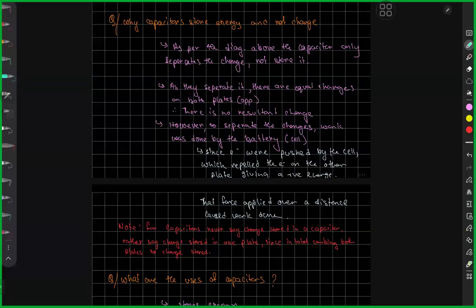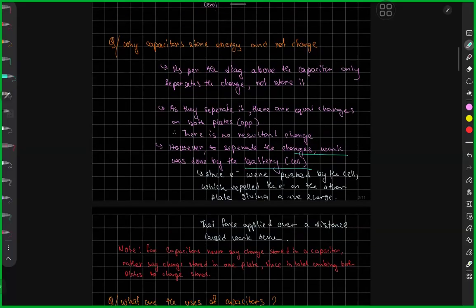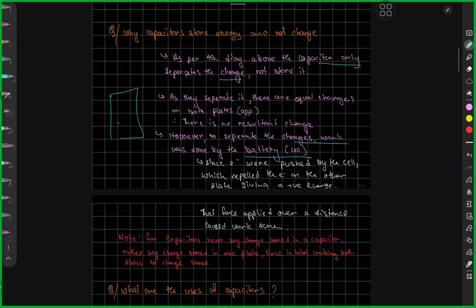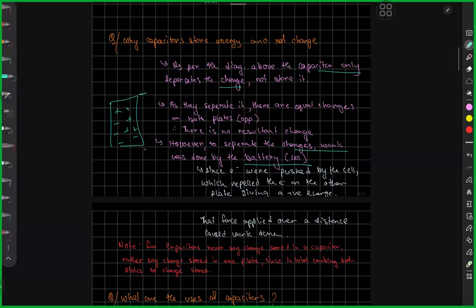Like I explained with the battery example, I showed you last class what happens when you have a typical cell, and when the charges are mixed up. There is no net potential difference across this point and this point, right?